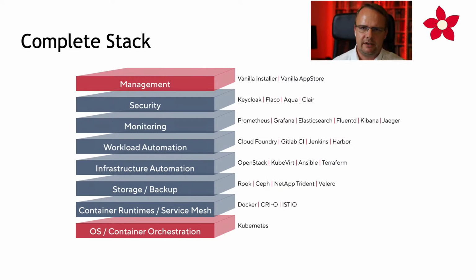If you want to have a little bit more integration with your own workloads, or if you want to ensure that you are properly handling your log files, there are Elasticsearch, Fluentd, and Kibana at your disposal. And if you want to understand if something and what goes wrong with your workloads in regards to where it gets slow, where it might become a little bit troubled, Jaeger as a tracing solution is also part of VanillaStack.